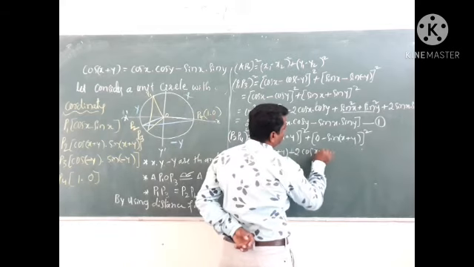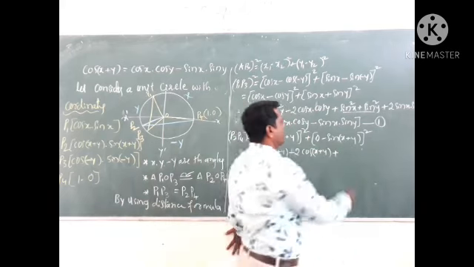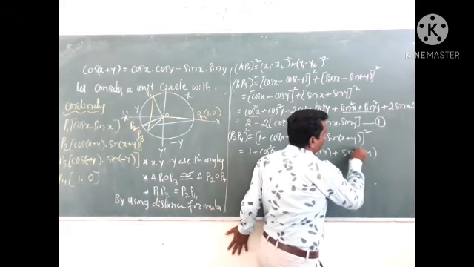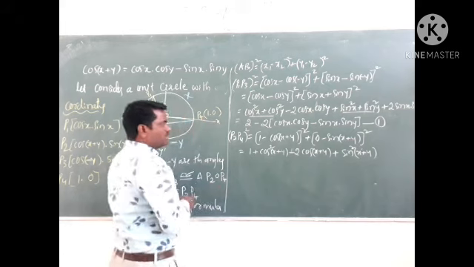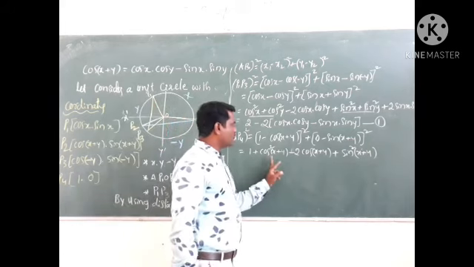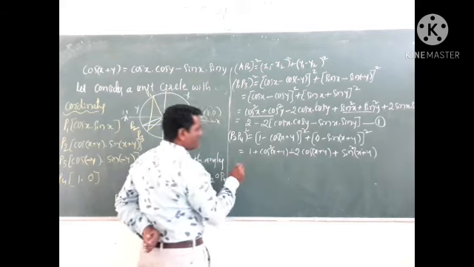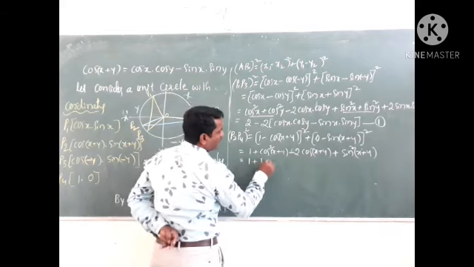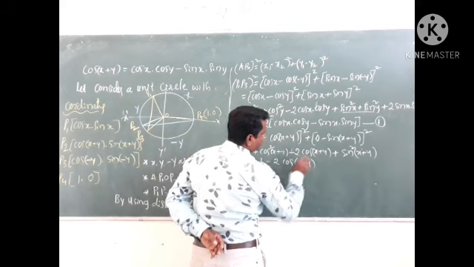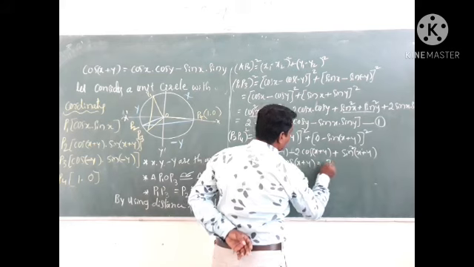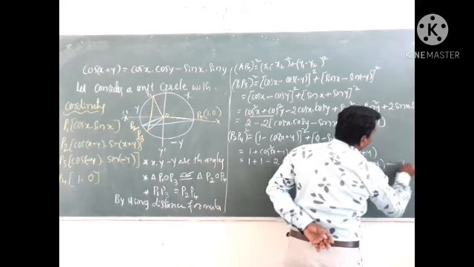Plus sin square(x plus y). Adding cos square and sin square of (x plus y) gives 1, so 1 plus 1 minus 2 cos(x plus y), which gives 2 minus 2 cos(x plus y). This is equation number 2.